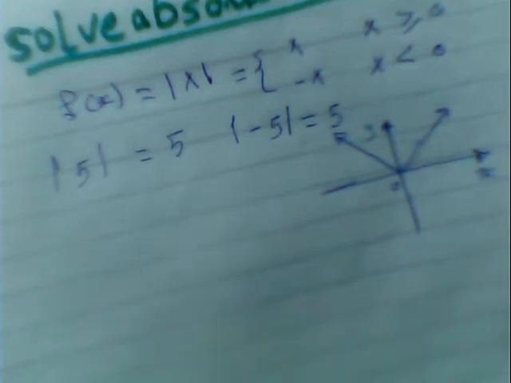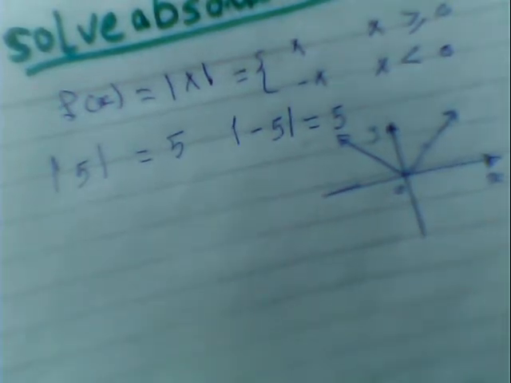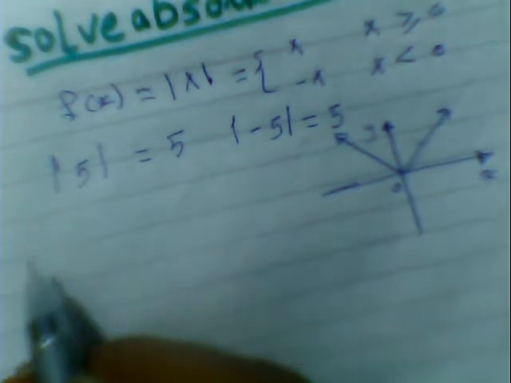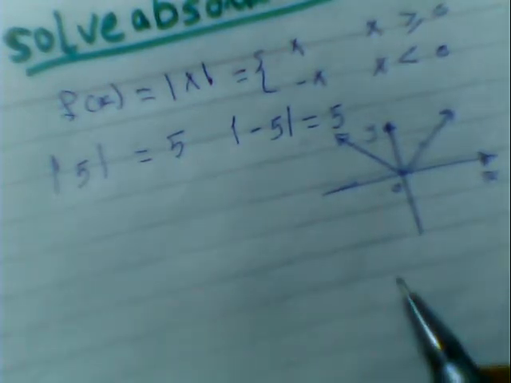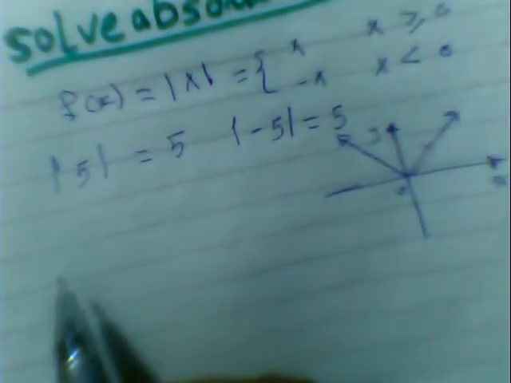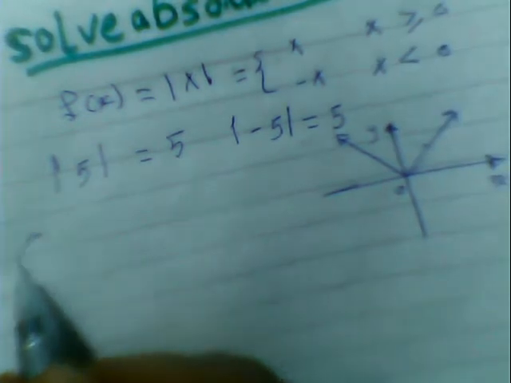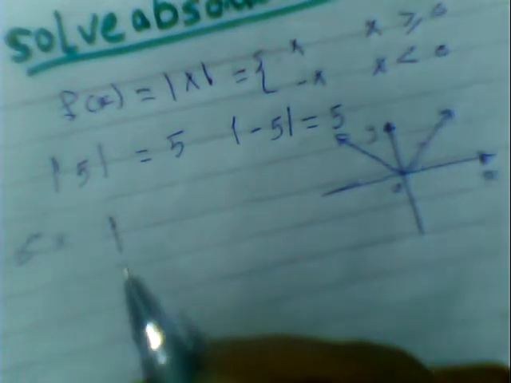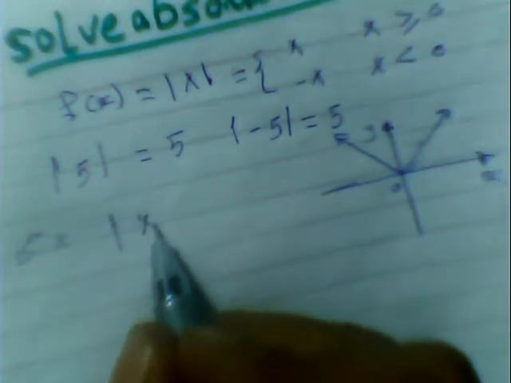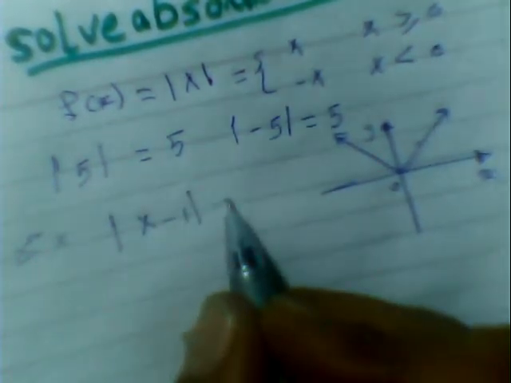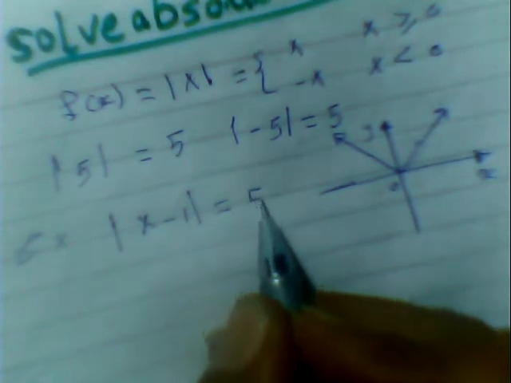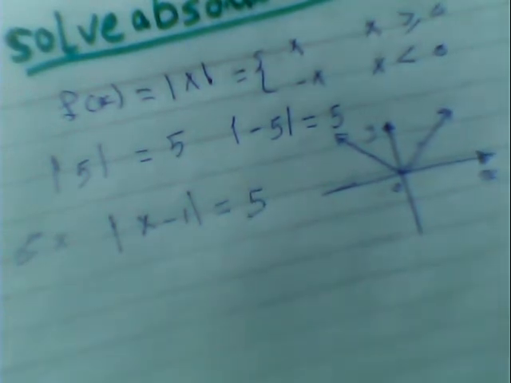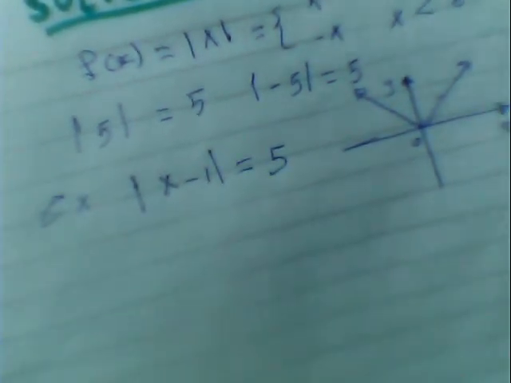Then how can we solve a problem that has absolute value? Here is an example. Give me the value of x while modulus x minus 1 equals 5. How can we solve this?